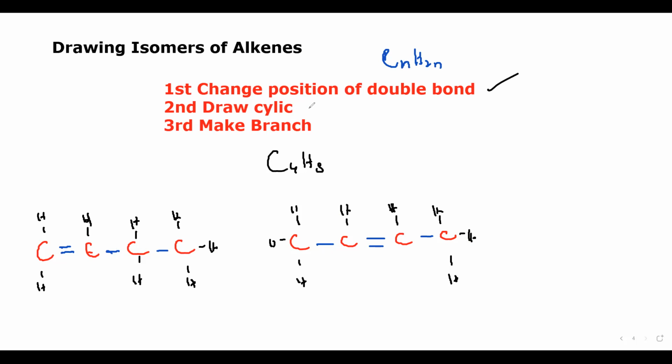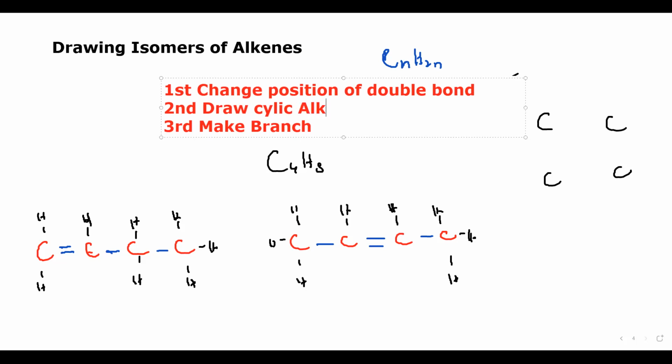Or we can make a cyclic. What is the meaning of cyclic? Cyclic means no end. But that cyclic does not have a double bond. So 1, 2, 3, 4. If we draw a cyclic alkane, that will also be an isomer.